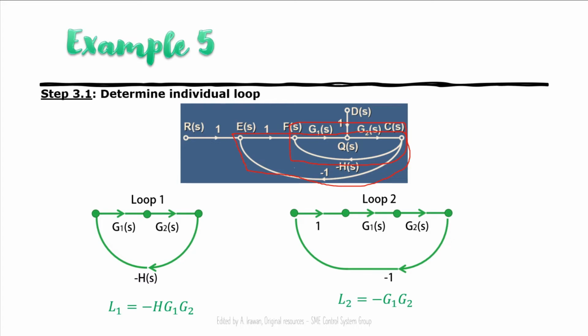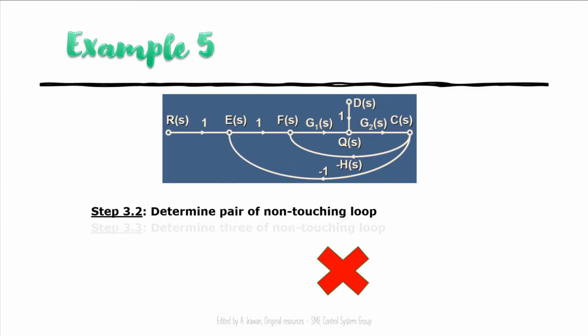They overlap each other. This situation we don't consider as non-touching. So determine the pair of non-touching loops. Which one is a non-touching loop? Do they have a pair of non-touching loops? No. Do they have three non-touching loops? No, of course. Okay, so we skip these steps, considered as 0.